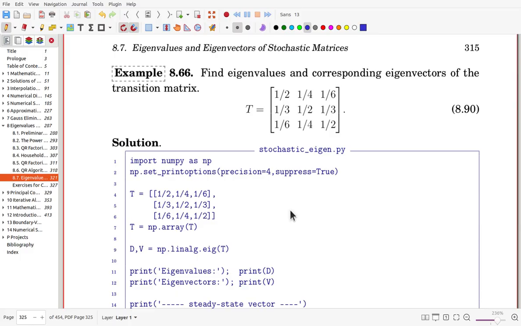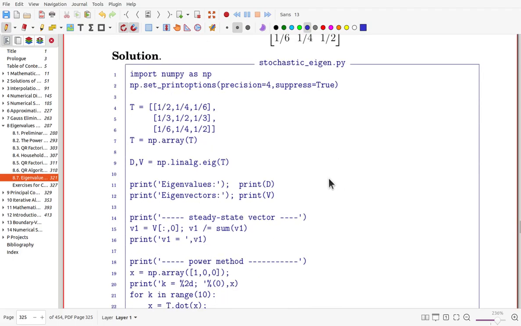Okay, we have an example. Find the eigenvalues and eigenvectors of the Markov matrix. Here, the sum is 1. Again, the sum is 1. So it is a stochastic matrix. Now we are using Python. In the beginning, we define T, and now find the eigenvalues and eigenvectors by using the built-in function, and here we print.